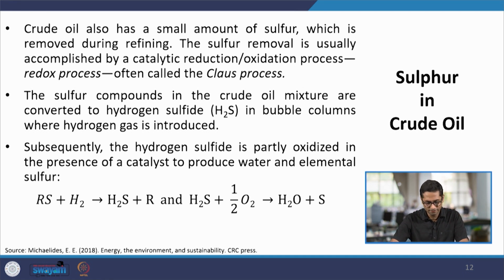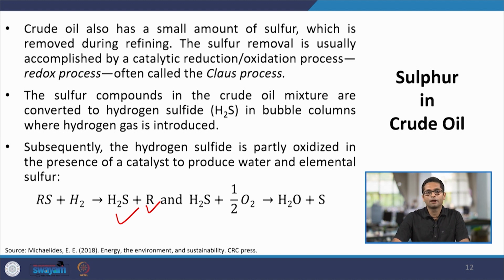It's a redox process, and the major aim was to capture the sulfur. So the sulfur-bearing compounds, in terms of R-S where R refers to the hydrocarbon chain with the sulfur attached to it, were made to react with hydrogen by bubbling the hydrogen through a column, and the result was H2S gas as well as the hydrocarbon.